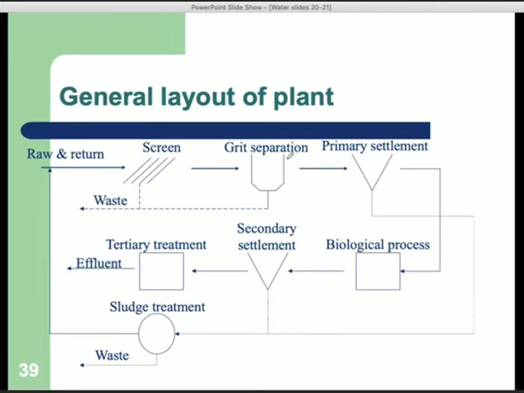So there's not so much turbulence, and therefore there's less energy in the water flow to keep these particles in suspension. The particles start to settle at the bottom of your grit separation chamber, where you can then use a rake or a hoover and suck them off, and the clean water flows through the grit separation.